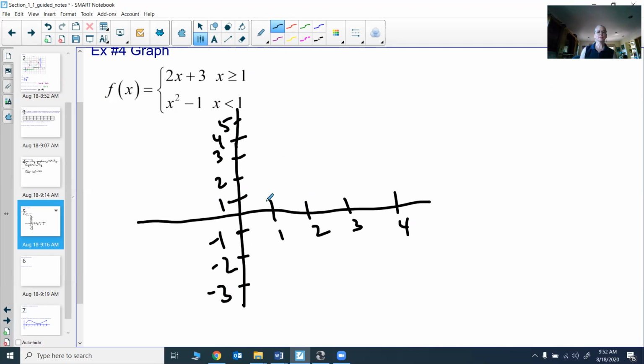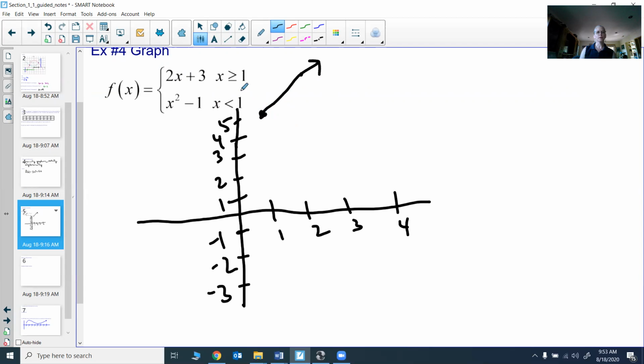So the main thing to realize is that x equals 1 is your kind of change point. So when we're greater than or equal to 1, we're the function 2x plus 3. If you think about it, at 1, you're going to get 5. And above 1, you're going to be going up with a slope of 2. So you go over 1 and up 2, and you get this here. And so you get a graph that starts at that point and goes on up.